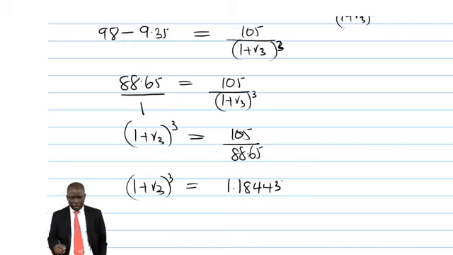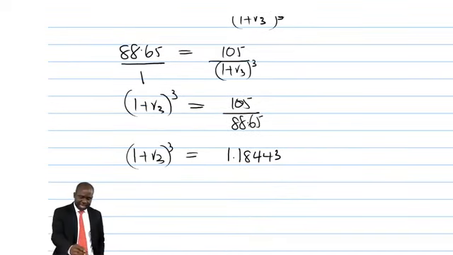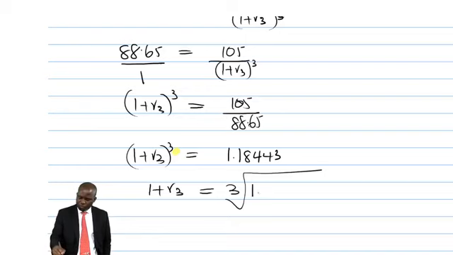That is giving 1.18443 and so on. But because this is cubed, I would have to find the cube root of the other side. So 1 plus R3 should be equal to the cube root of 1.18443.